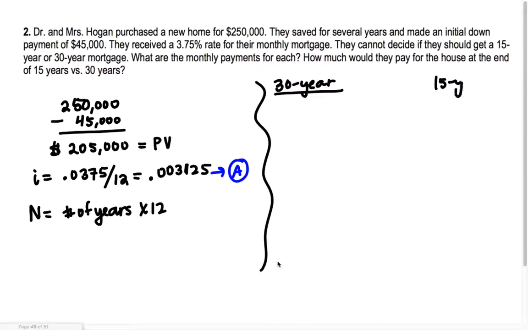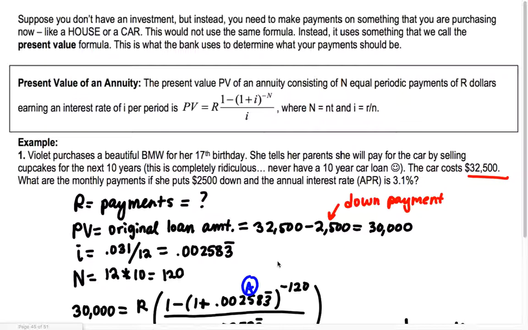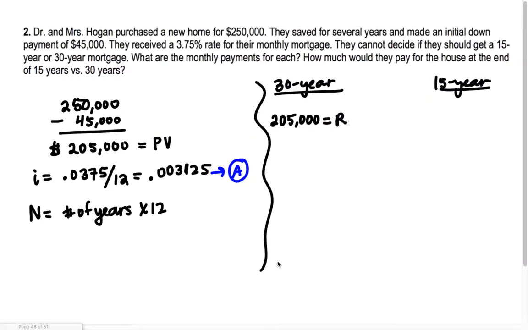Okay, so we're starting with that $205,000. And we're going to have equals R, so R is what we're trying to find, times 1 minus 1 plus i, where i is 0.003125, to the negative n.